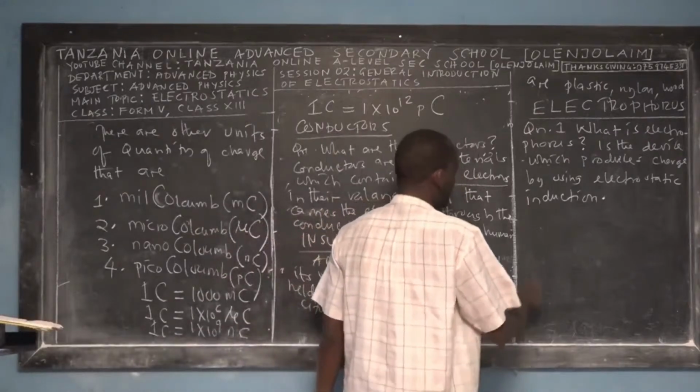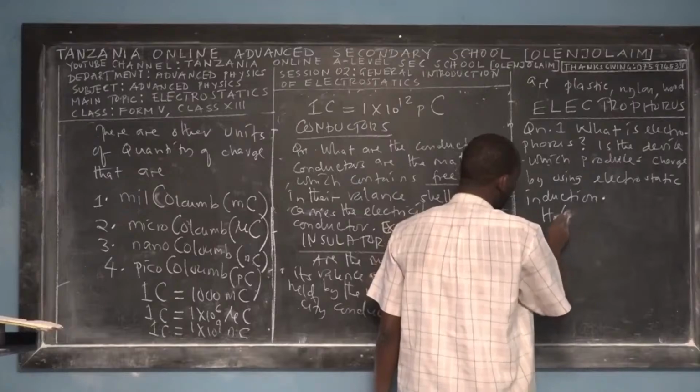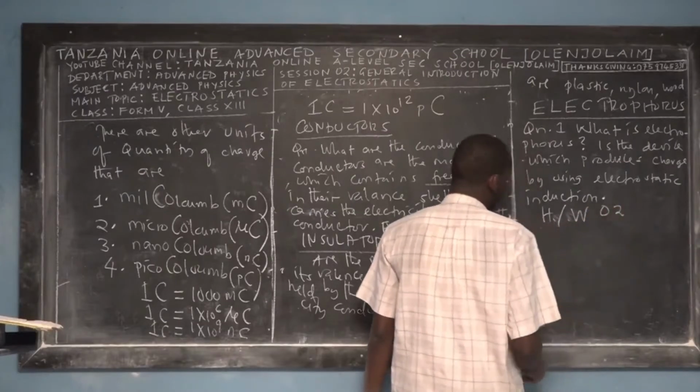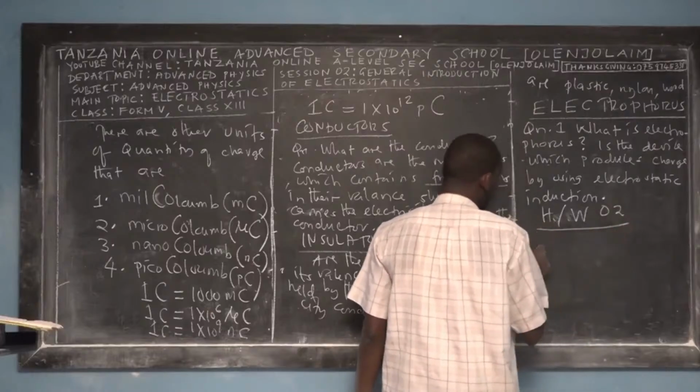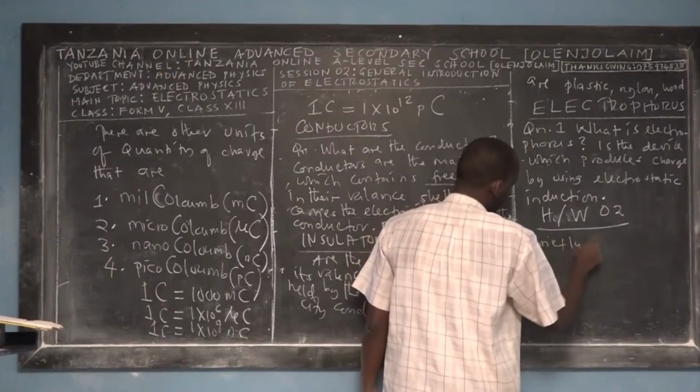So now, let me leave homework 1. Or you can go to homework 2, because it's session 2. In homework 2, briefly explain the properties of electrons.